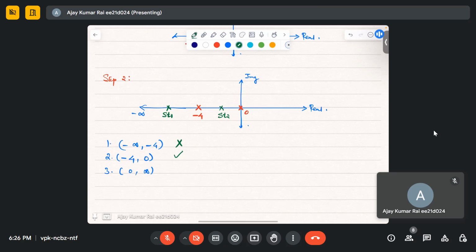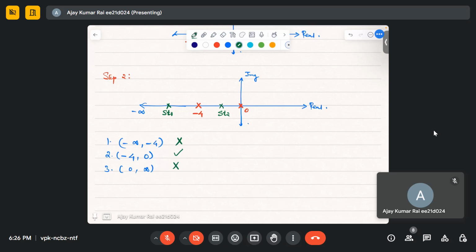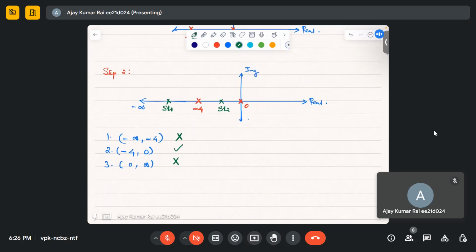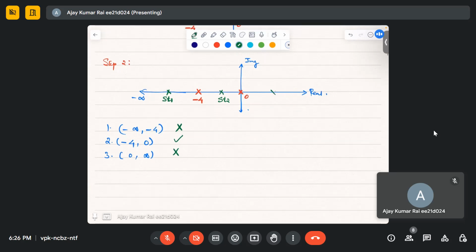If you see the third region, 0 to infinity, no real zero or pole exists. So 0 is even, so the root locus does not exist. Simple. So the root locus exists between -4 and 0. This was test point 3.